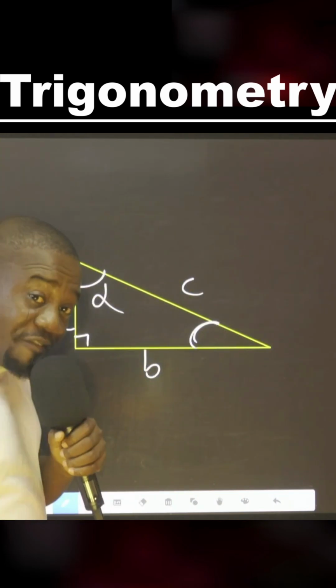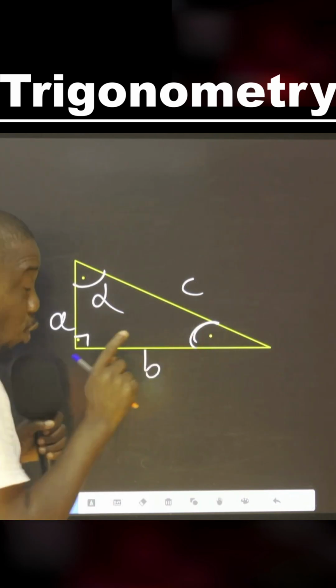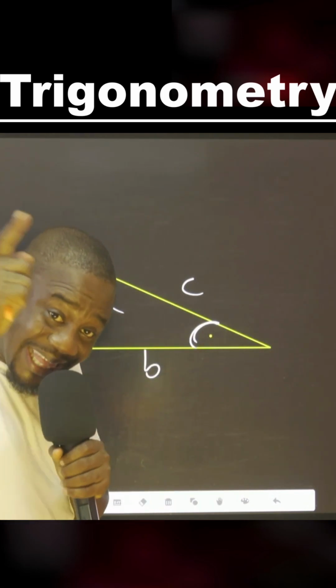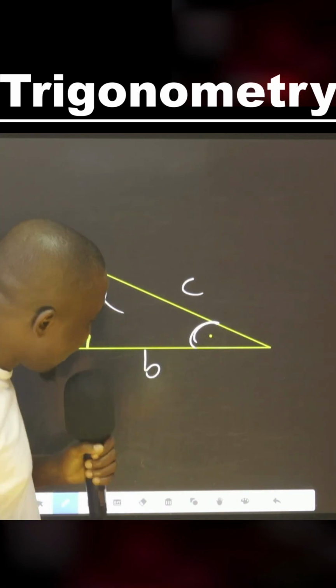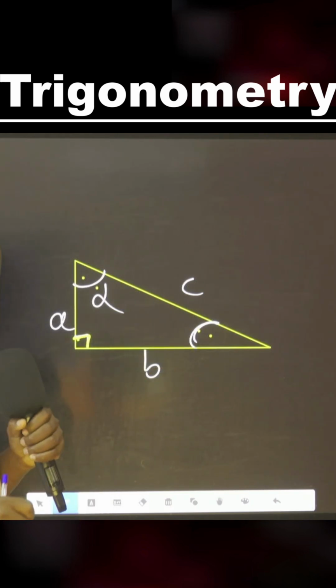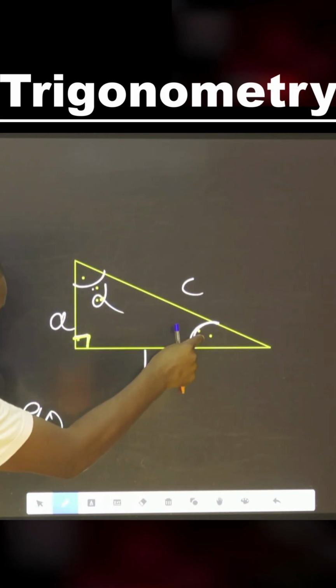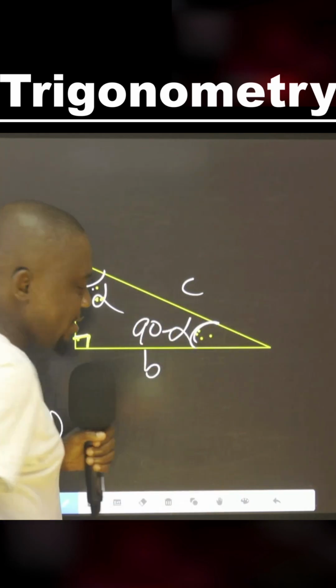The sum of angles of a triangle is what? 180. This plus this plus this is 180. If you remove this 90 degrees from 180, what is remaining? 90 is remaining, right? So the 90 that is remaining is being shared by this and this. So if you already know this, to get this, you have to remove this from this to get this. That is 90 minus alpha.